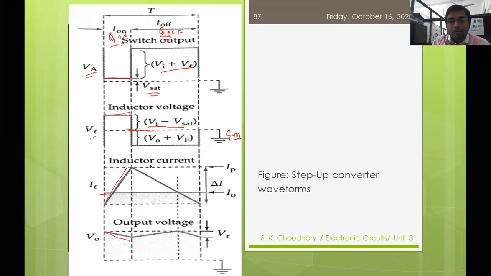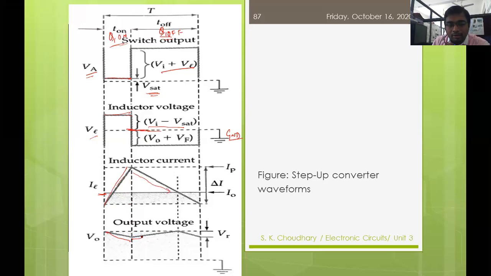So you can see that during the T off period your current starts to decrease. While the current IL is decreasing, what happens? It starts to charge the capacitor as well as drive the load.